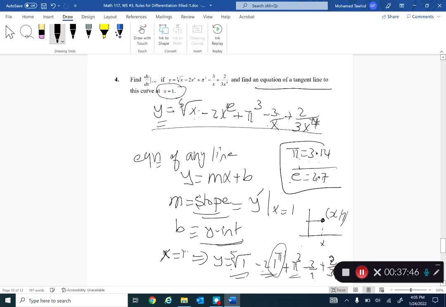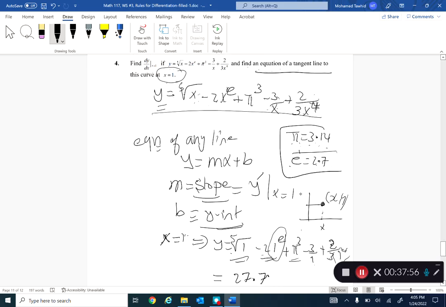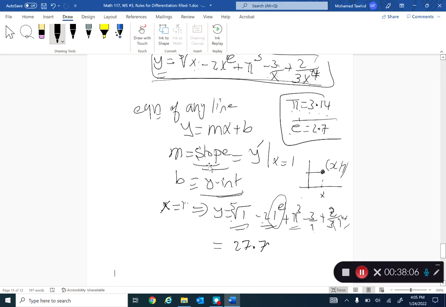What is e? 2.7. What is pi? 3.14. If I replace x by 1 everywhere and use technology, you will get 27.7. So the point on the graph: x equals 1 and y equals 27.7.